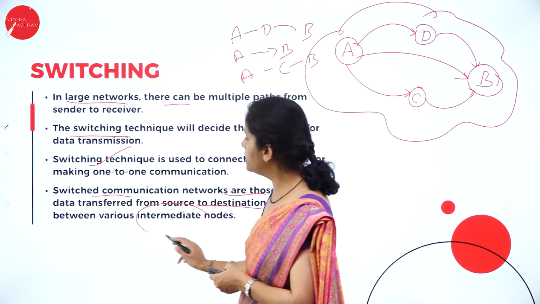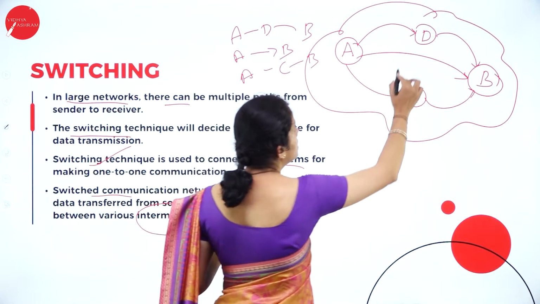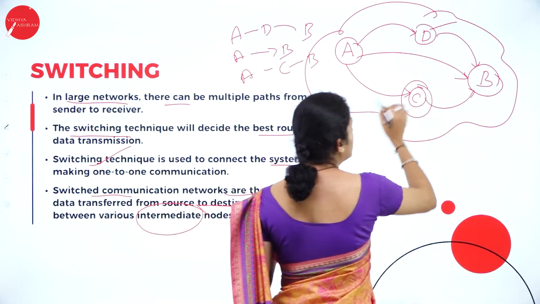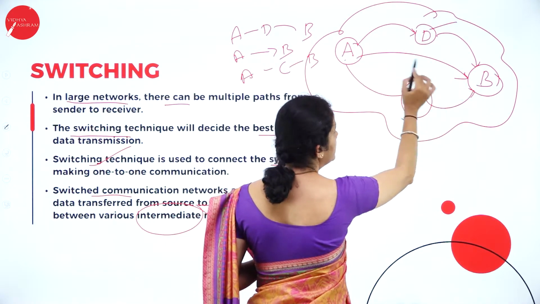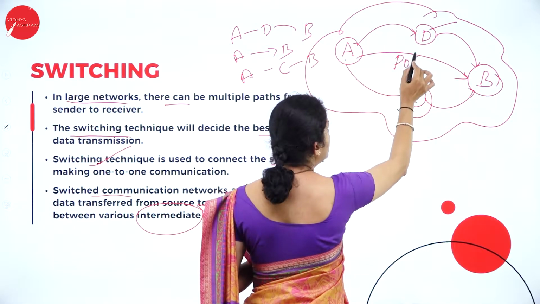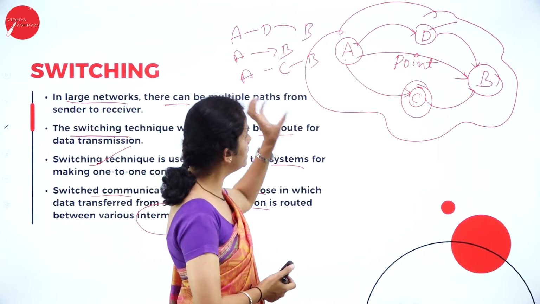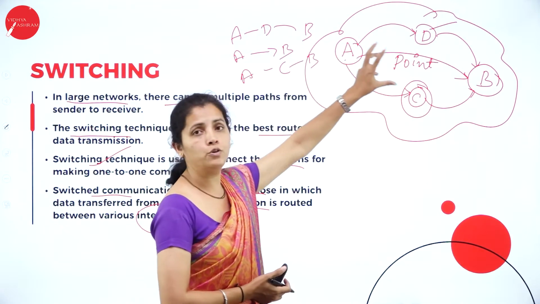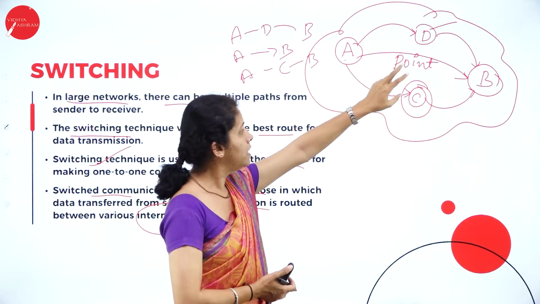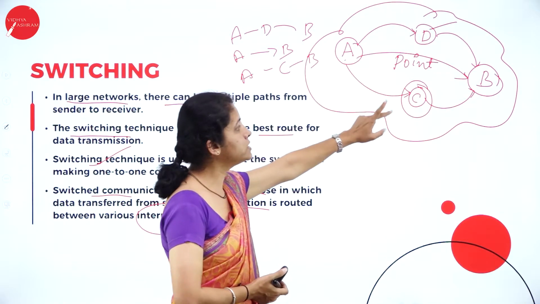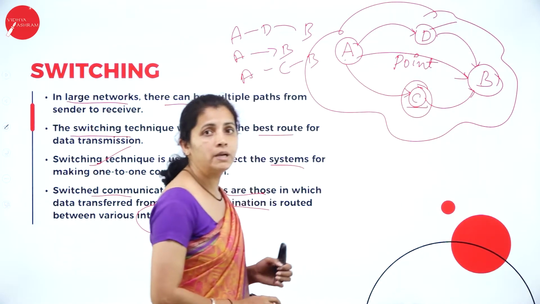So what is an intermediate node? See here, if I consider this example, D and C are the intermediate nodes, and if I consider A to B, it is a point-to-point connection. In the sense what? There is a dedicated link between A and B. But if I consider A to D and B, or A to C and B, here C and D are the intermediate nodes.